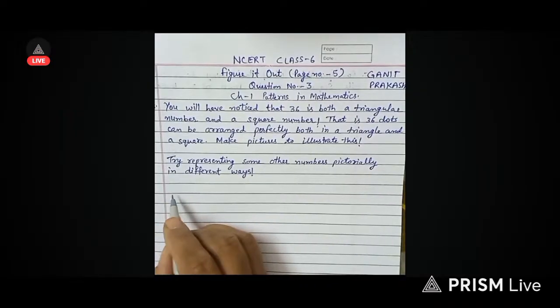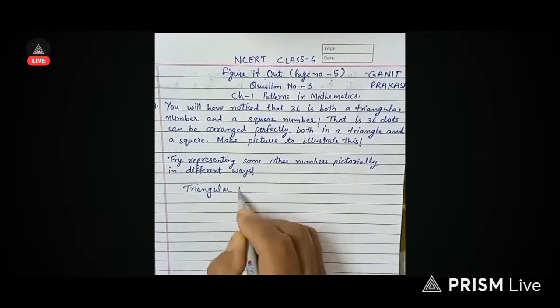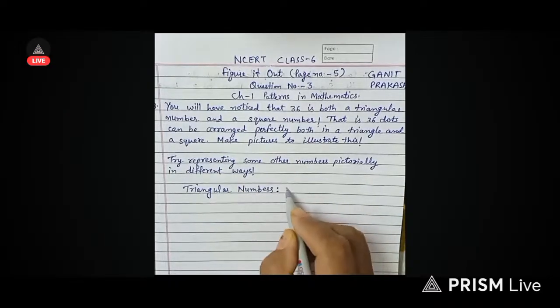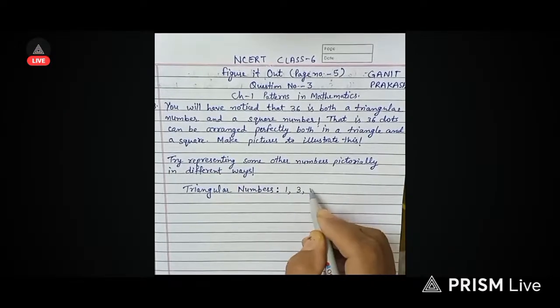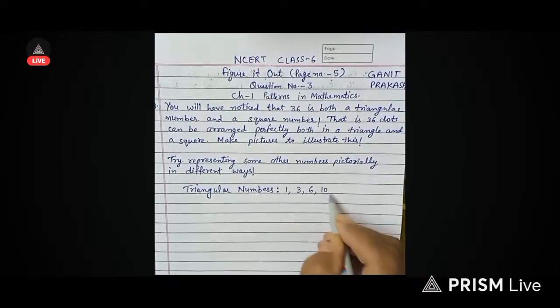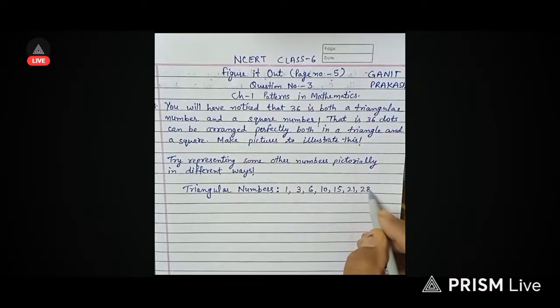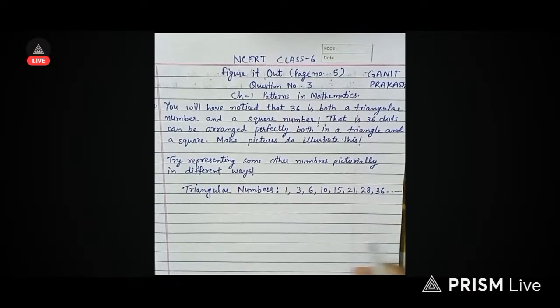Students, you know the triangular numbers, which are 1, 3, 6, 10, 15, 21, then 28, and the next one is 36.